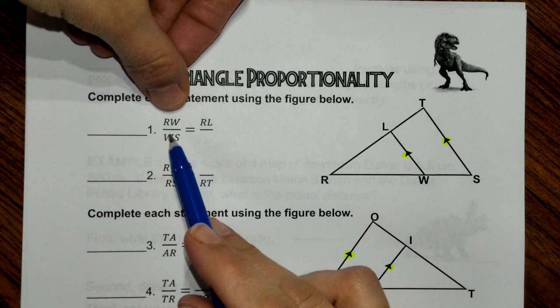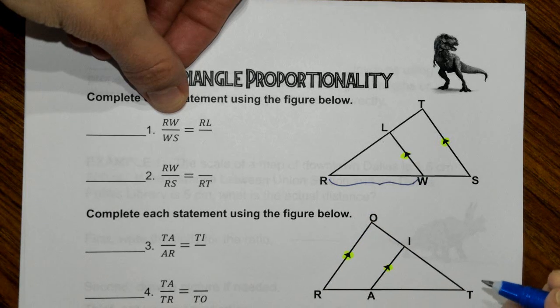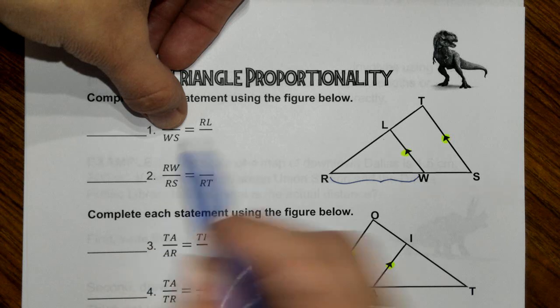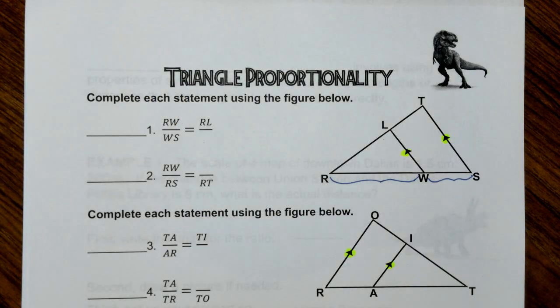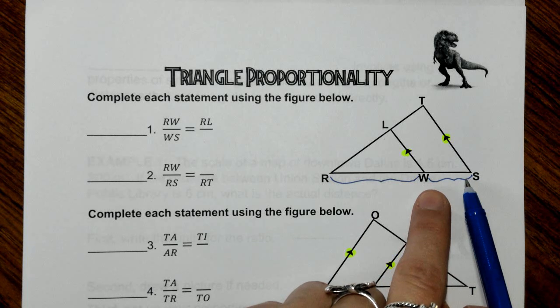So we take a look at RW. RW is right here. This is where one of my colors comes in. It is going to be proportional to WS. Same color, WS. I want you to see the two parts. They're doing a ratio of this section to the other section of the side.